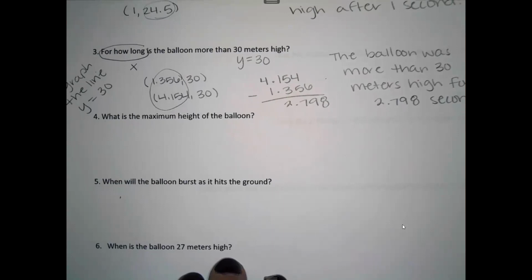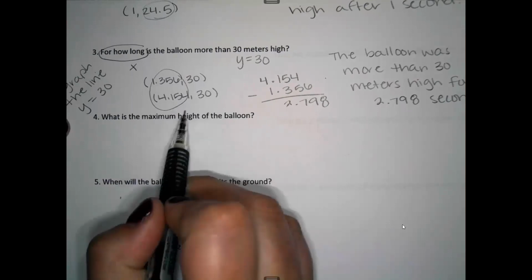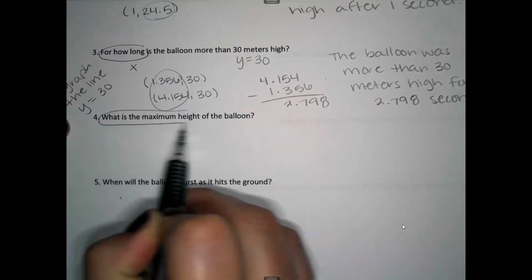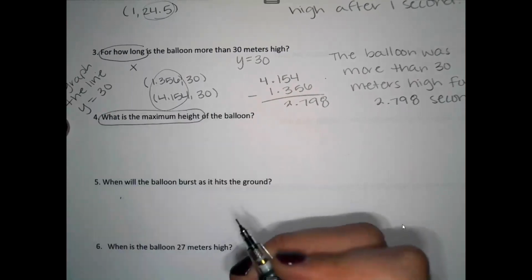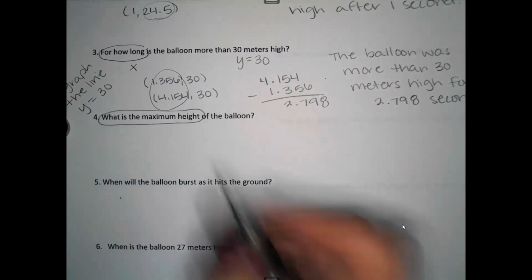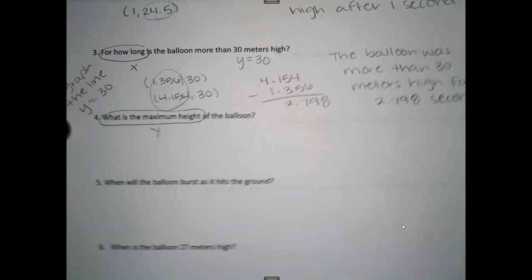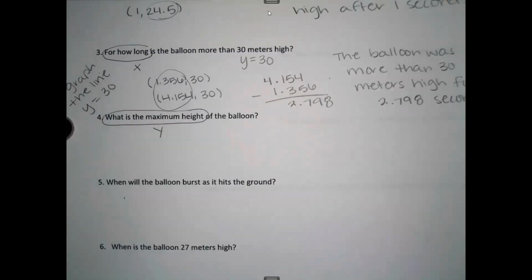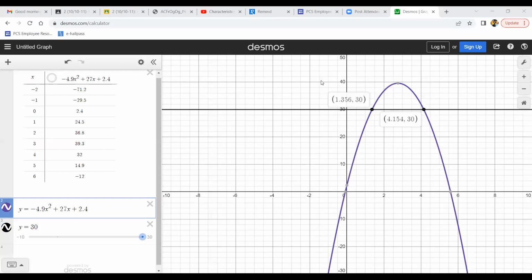Okay, what is the maximum height? Are we looking for a y value or an x value? A y value. Now, this one doesn't mention any x value to plug in, but we do have a point on the graph we can look at.